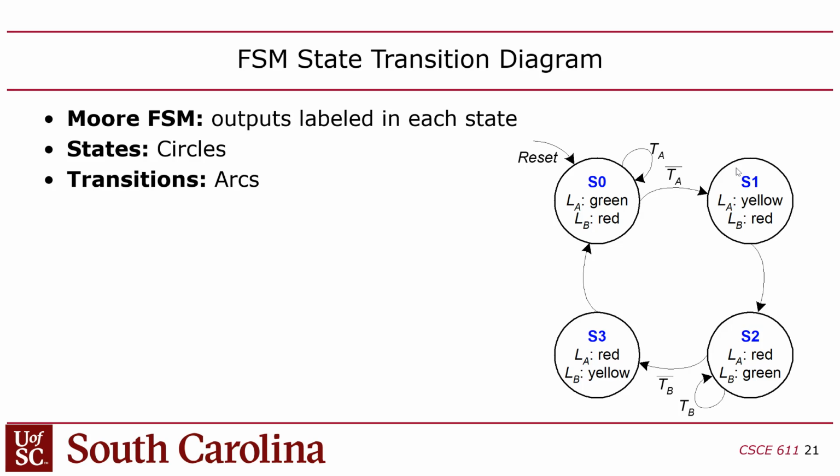Or you can have a red light on one street and a yellow light on the other, or vice versa. So there's 4 different combinations. You don't have one, obviously, for both green.